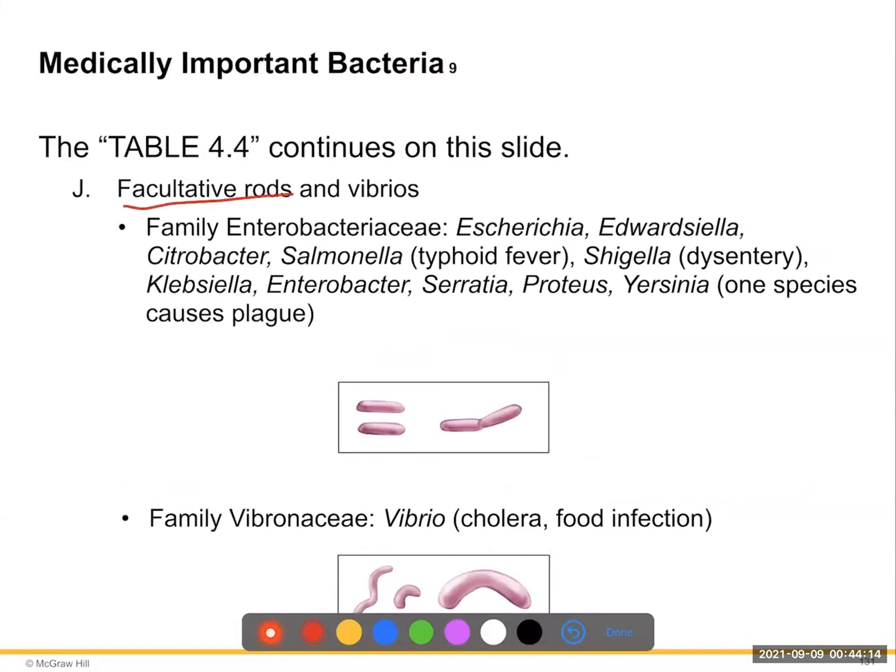Facultative rods and vibrios. We have different types. You've got Salmonella, which causes typhoid fever. Shigella, which causes dysentery. Yersinia, which is one that causes plague. Vibrio is cholera and food infection.